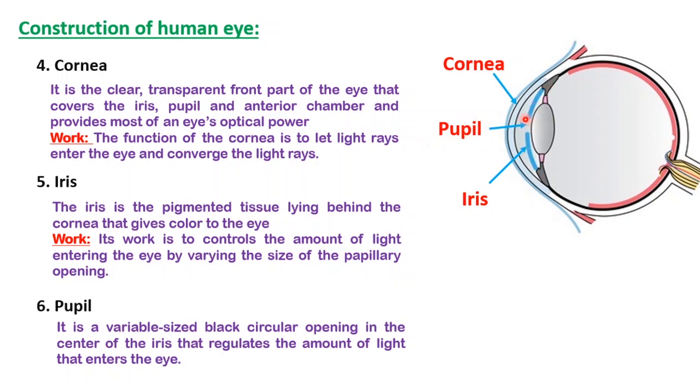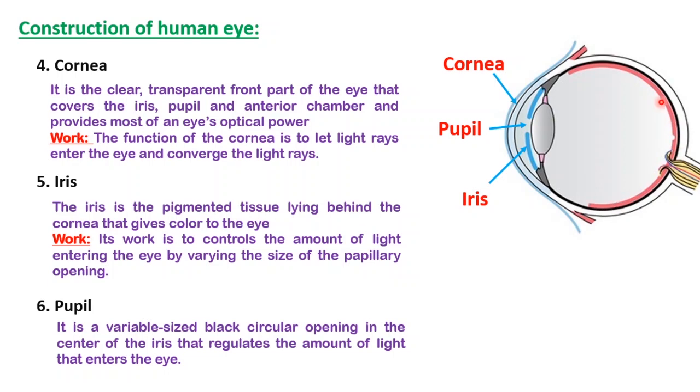So why is its size controlled? There is a question. The size of the pupil is controlled because whenever a large intensity of light is incident on the eye, and a large amount of light is refracted through the lens, the retina may be damaged.